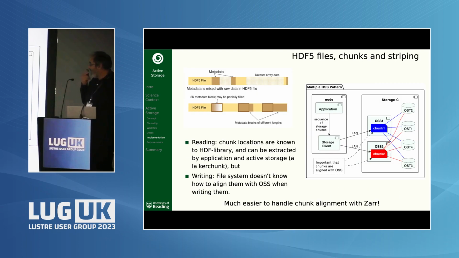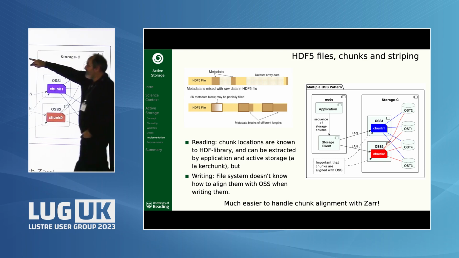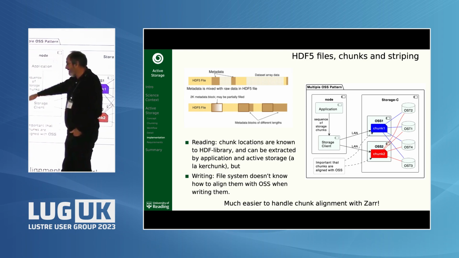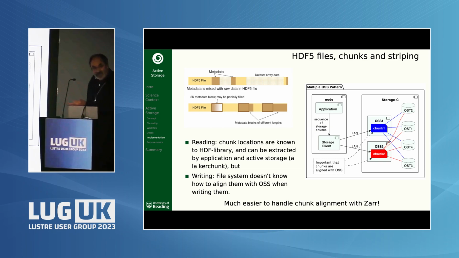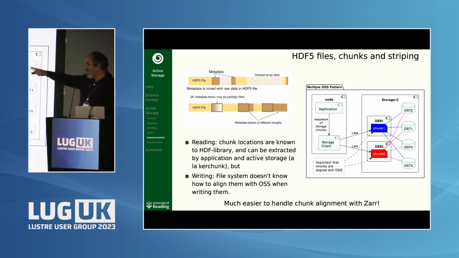But there are some issues, one of which is that file system in a box has got the chunks all over the place. So if I was trying to do this in Lustre, I've got a problem now because I really want to make sure that my chunks are all in the same place so that when I try and do the computation on the chunk, I get a chunk. And so we have a problem in Lustre with HDF.